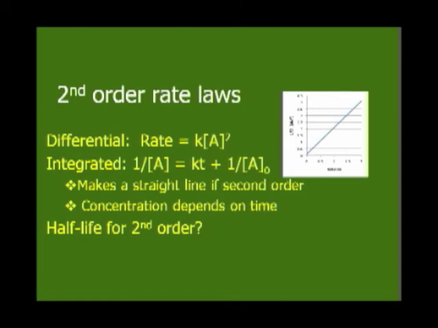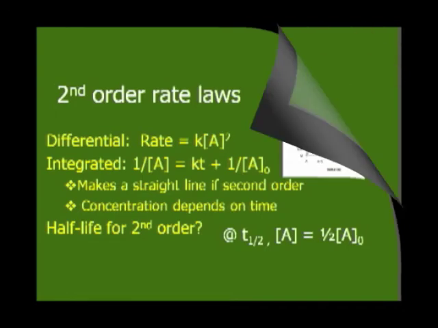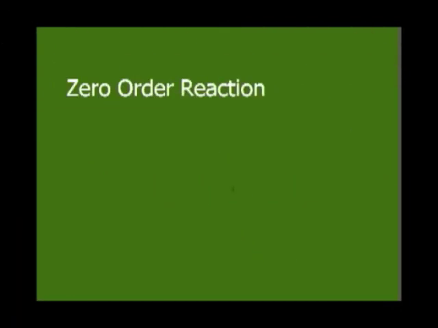I say go on, give it a try. As I did it before, just start with the idea that at the halfway point, the concentration equals 1/2 of the original concentration. One of you will get the pleasure of showing us your derivation in class. So, be ready. On to zero-order reactions.